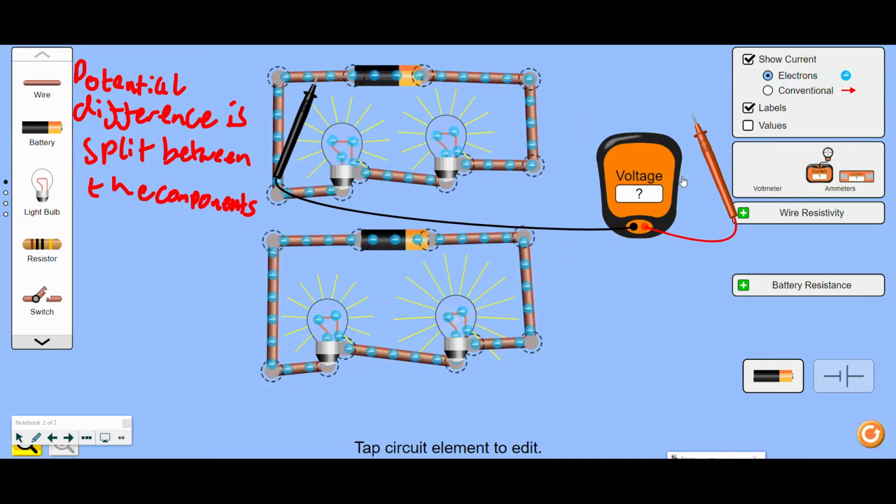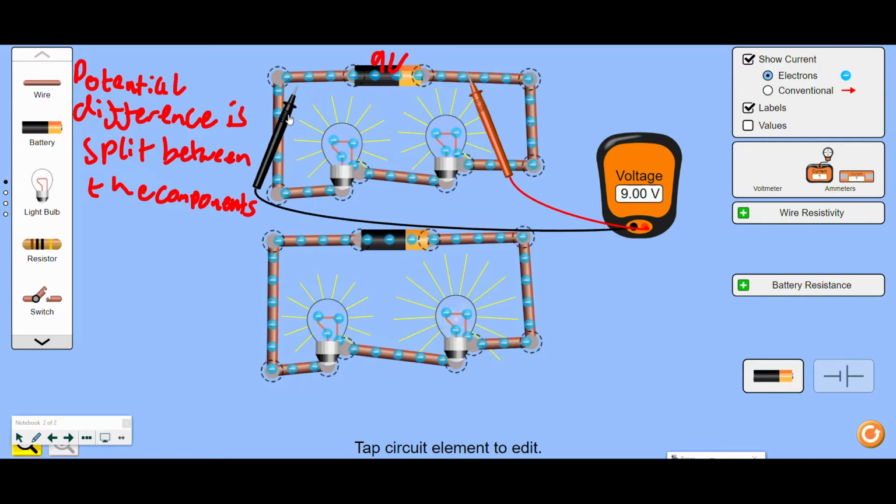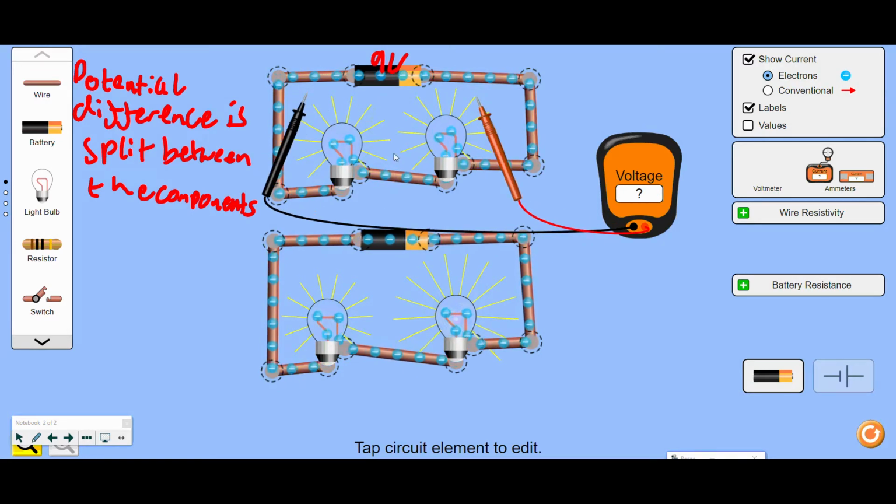So in this first example, we've got a total potential difference of 9 volts, because the cell itself has 9 volts of potential difference. So each coulomb of charge is getting 9 joules of energy, so it's 9 volts. If we look at these two bulbs, they are identical in this one, and in the question it might tell you these two are identical.